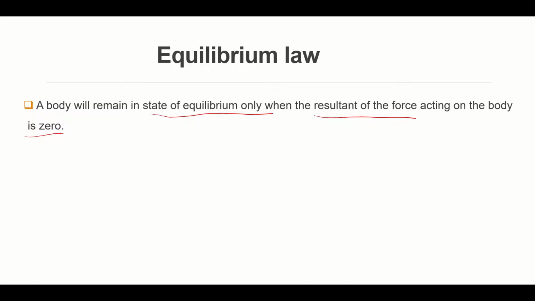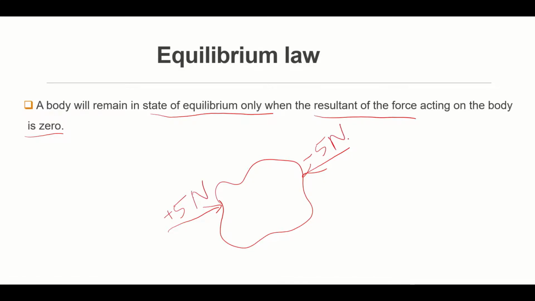For example, if I am just taking a regular body and say if it is acted upon by a force which is equal in magnitude but opposite in sign, plus 5 and minus 5, say Newton, definitely what happens? This is acted upon by two equal and opposite forces, right? So definitely it will remain in equilibrium.